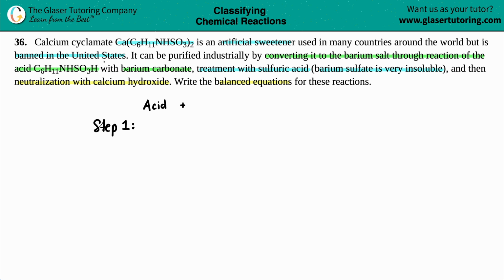Generally, if you see the word "with" when you're balancing equations, this is addition. And together, we should make the barium salt. That's being a little bit general, but we'll see what we can do with that.